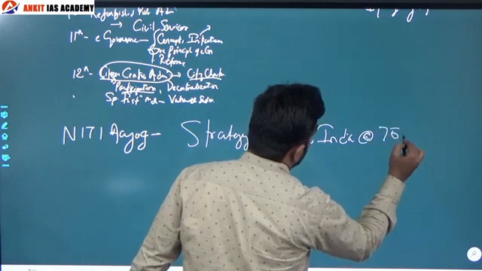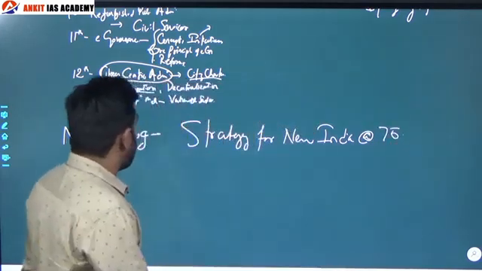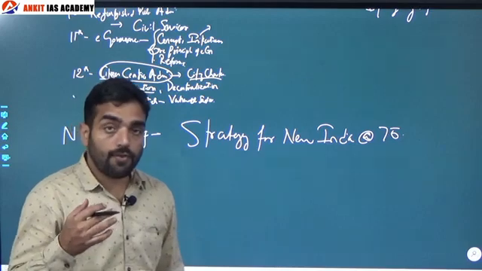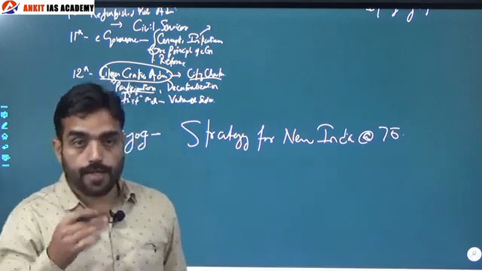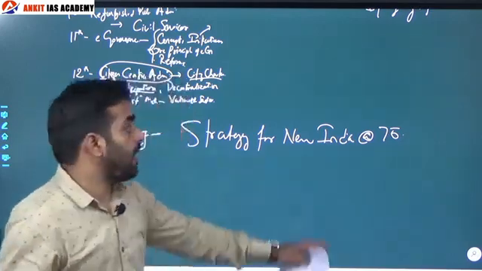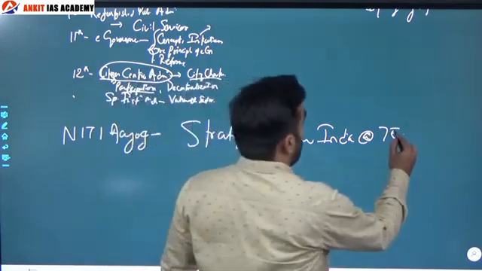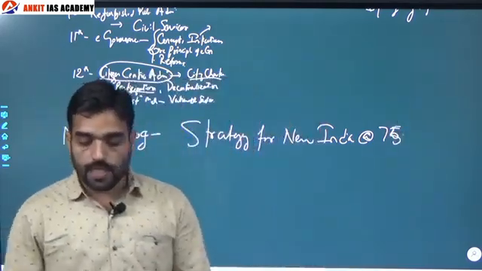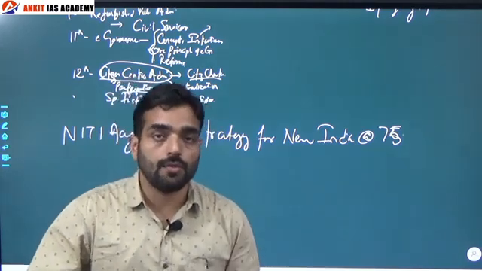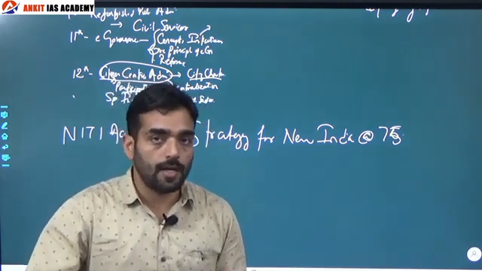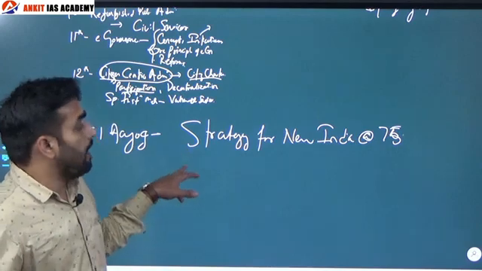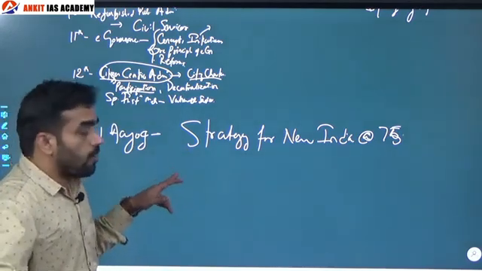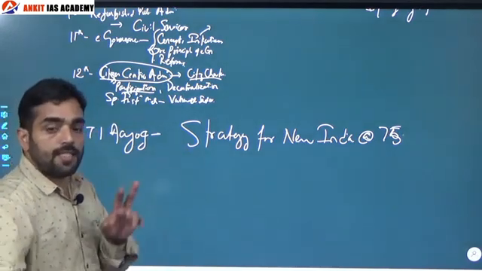at 75. So this document basically talks about what reforms are required to attain a certain level of development by the time India completes 75 years of its independence. We know that India has already completed in 2022 75 years of independence, but still the recommendations, the issues, the diagnosis and recommendations of Niti Aayog are still relevant.